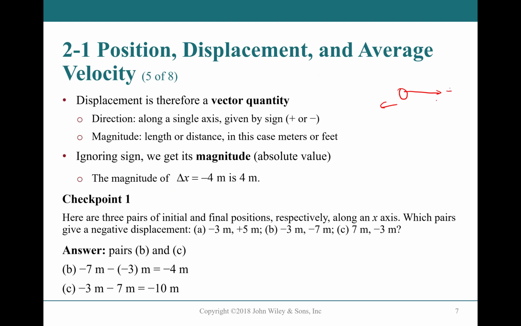Here, go this way, it's positive. And if the object goes this way, it's negative. So that's why our displacement is a vector quantity. In physics, we have scalar quantity and we also have vector quantity. Vector quantity means it has magnitude.